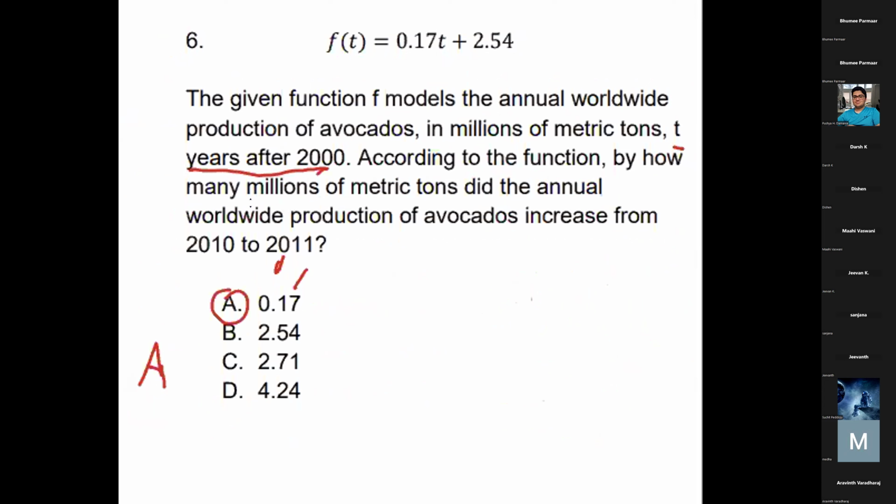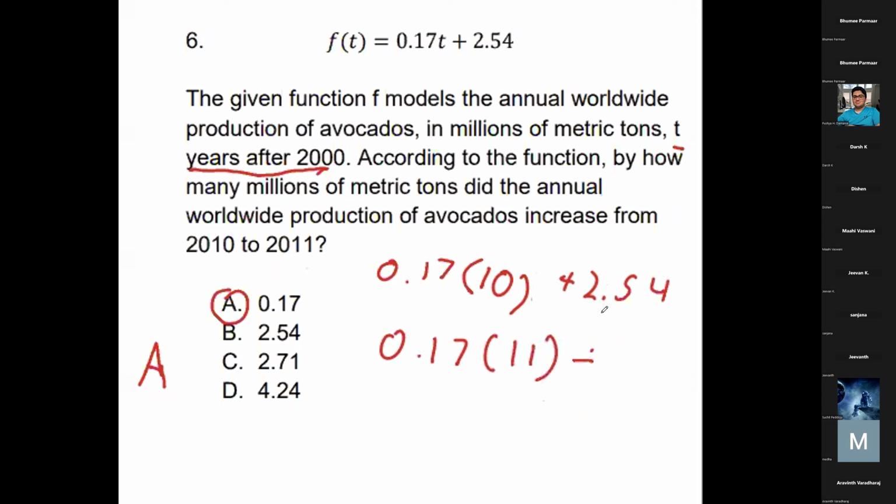So we could just plug in. So 0.17 times 10, since 2000 to 2010 is 10 years, plus 2.54. And then for the other one, 2011, that's 0.17 times 11 plus 2.54.